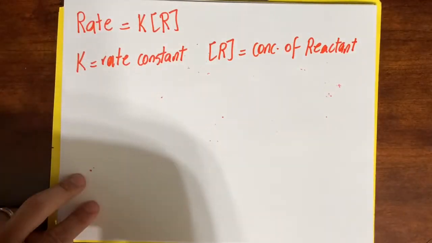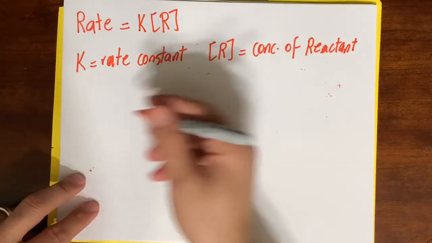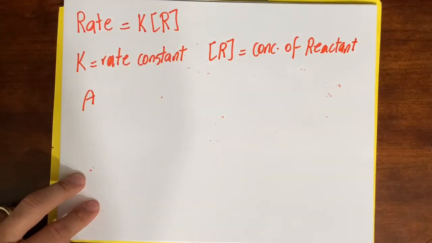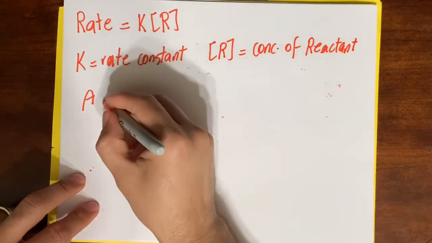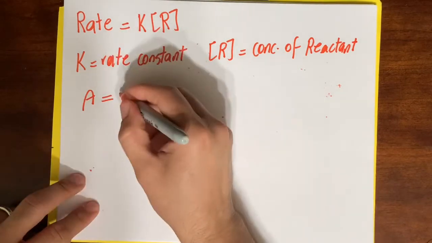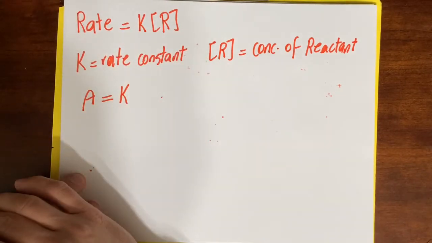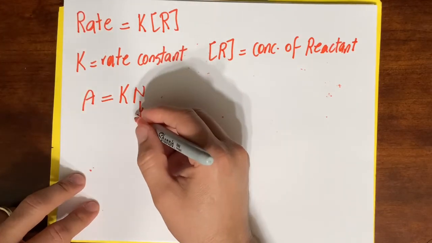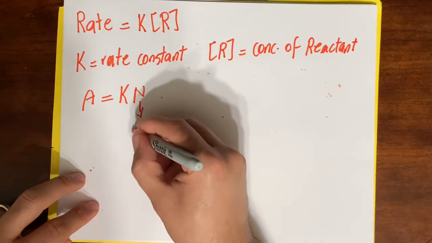Okay. And again, radioactivity, we can show it by A. Radioactivity is going to be equal to k, the rate constant, multiplied by N. And what's the N? N is equal to the number of atoms.